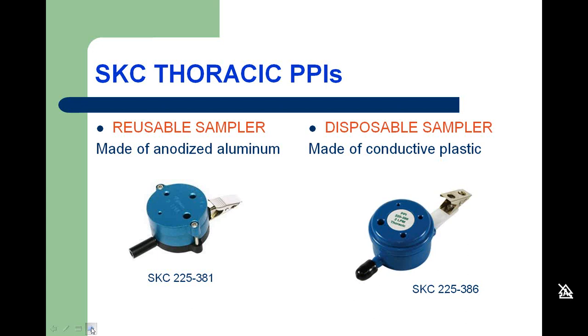Both the reusable and the disposable thoracic PPI samplers are designed for use at 2 liters a minute with analysis following the same techniques as specified in methods using traditional filter cassettes.